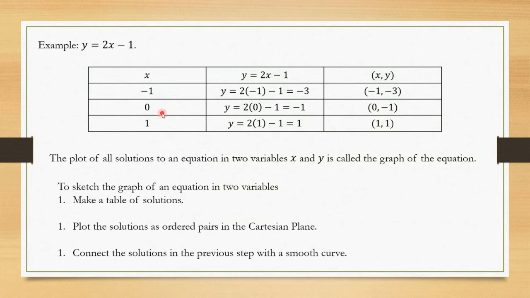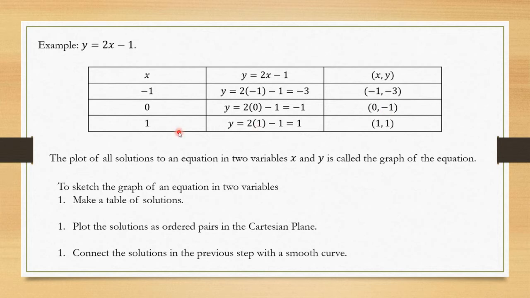Over here, same idea. If we let x be 0, then y is going to be 2 times 0 minus 1, which of course is -1, by direct calculation. So this shows us that the ordered pair (0, -1) is also a solution.